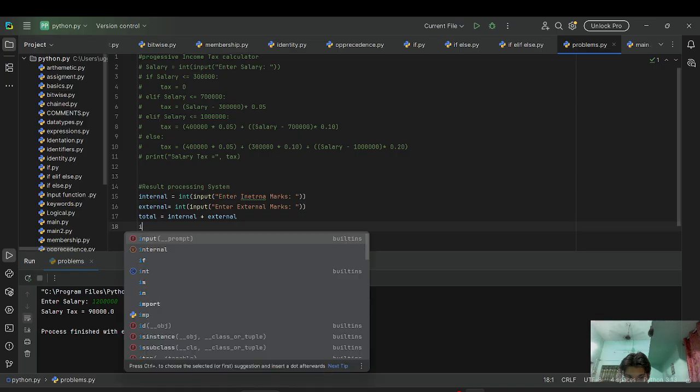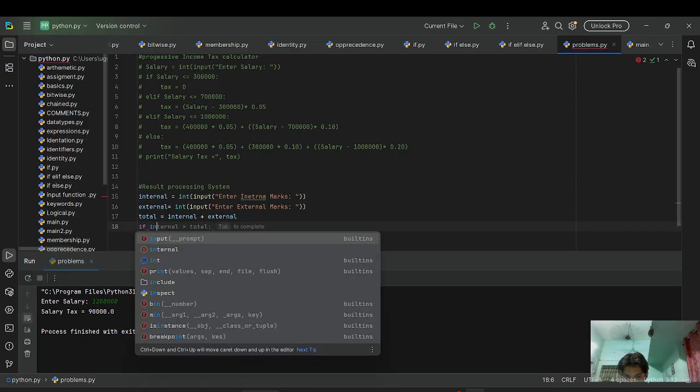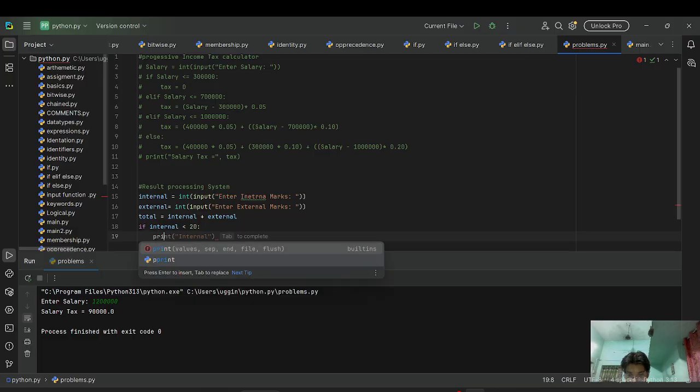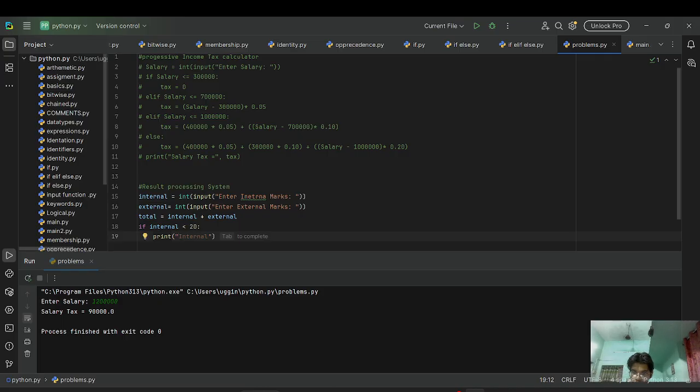So let's write the conditions. If internal less than 20, then let's print fail due to internal marks.